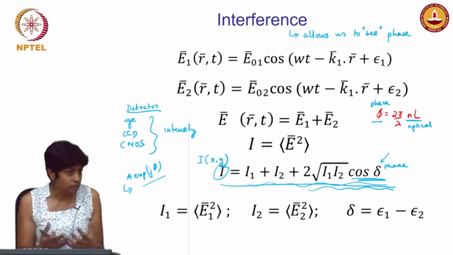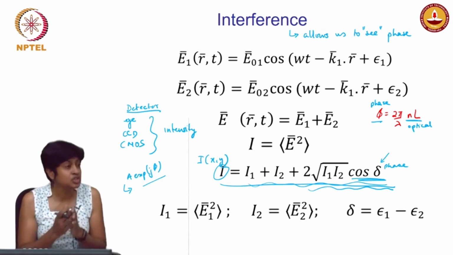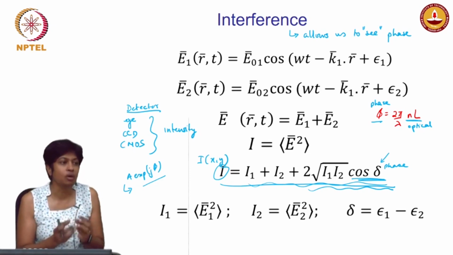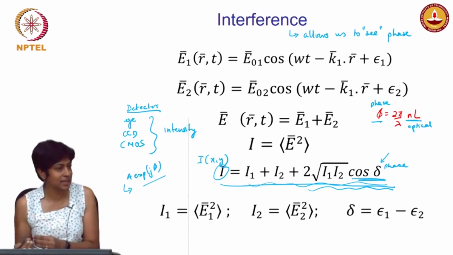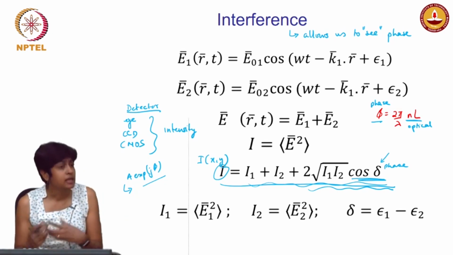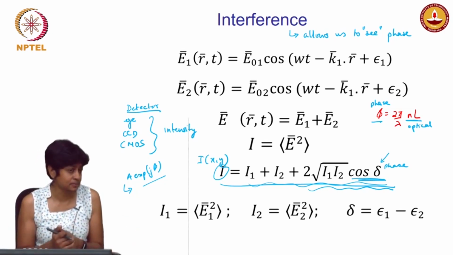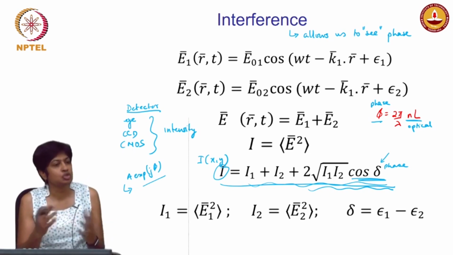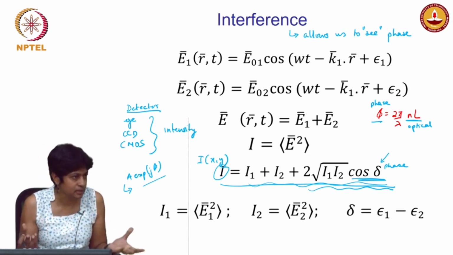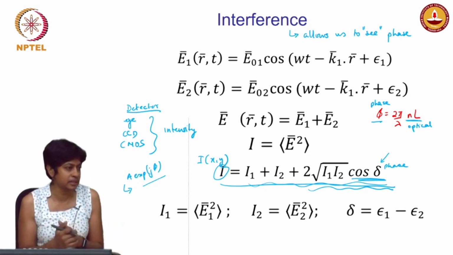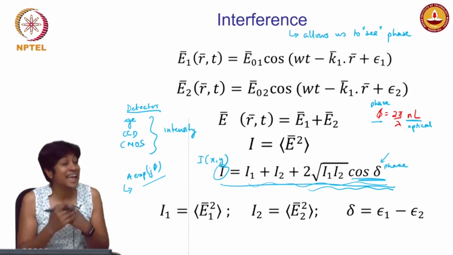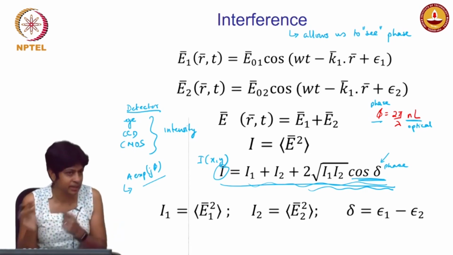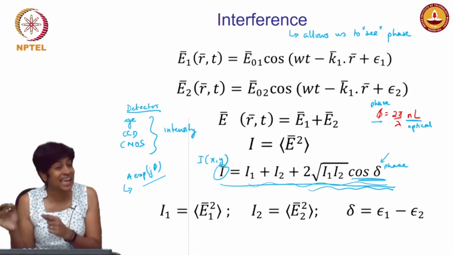It is so powerful a technique, because it's not just simply that I want to measure n or I want to measure L, but I can use this as a sensor. Let's say there's a temperature change, and let's say the temperature changes are small enough that for the particular material I'm looking at, the n doesn't change with the temperature change, but the L changes.